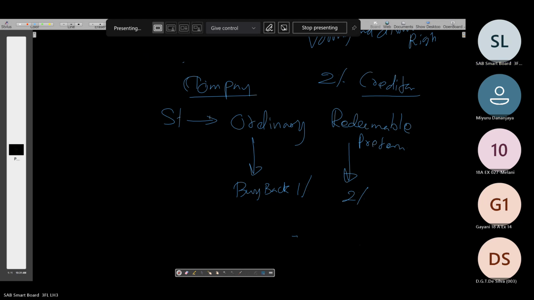Another part mentioned here, another shareholder of the company opposed to the reduction of stated capital and seeks relief under the Companies Act, if the resolution is passed to reduce the stated capital of the company.